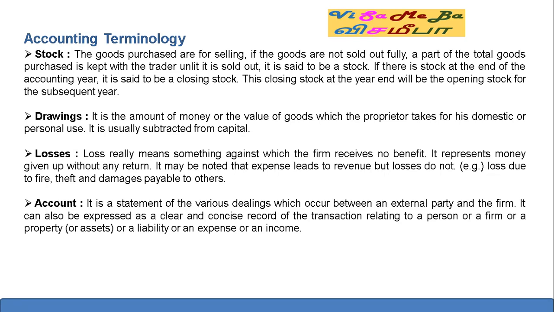It is called stock, more precisely, the closing stock. Drawings. It is the amount of money or the value of goods which the proprietor takes for domestic or personal use. It is usually subtracted from capital.